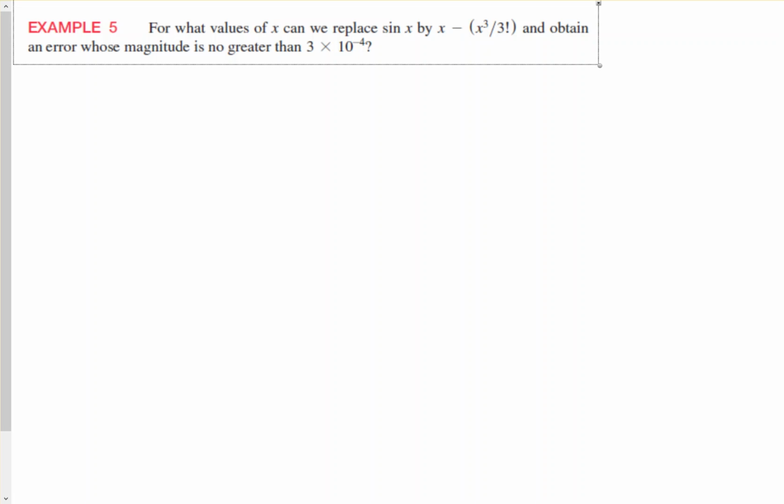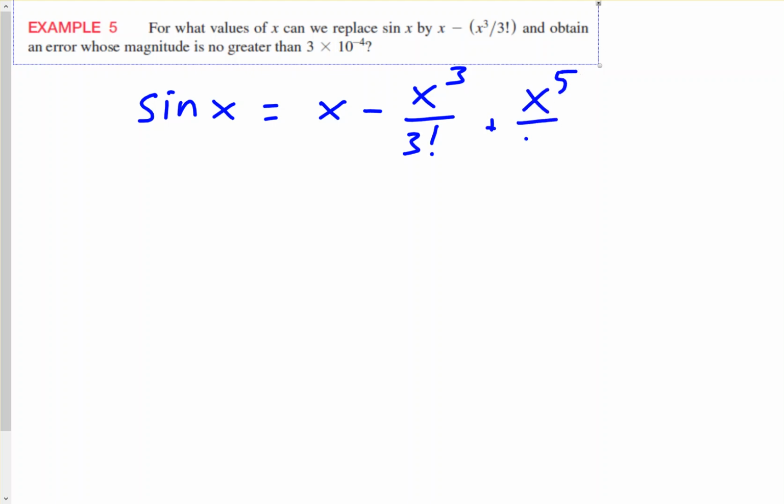So we know from previous experience that sine x is equal to x minus x cubed over 3 factorial plus x to the fifth over 5 factorial minus x to the seventh over 7 factorial, and obviously continues. So they're saying, for what values of x can we replace sine of x by x minus x cubed over 3 factorial? Okay, so we have that already in here, right?